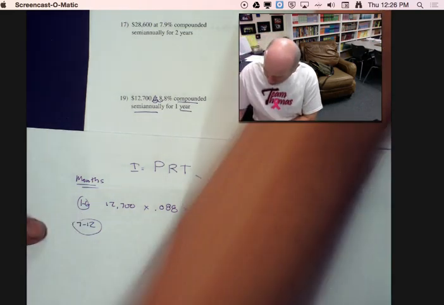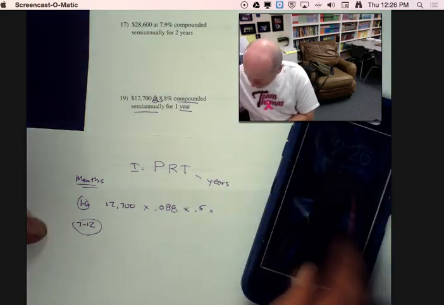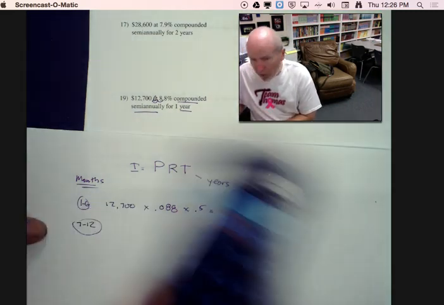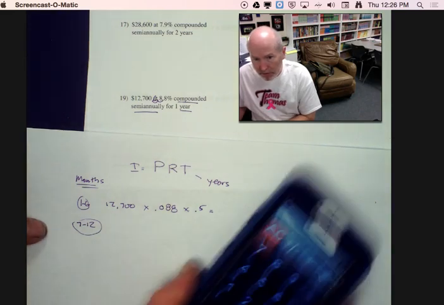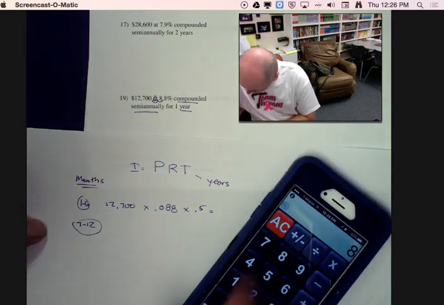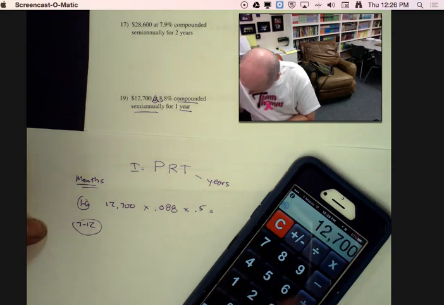So I'm going to pop that into my calculator. I think you can see my calculator if I put it at an angle. I'll clear this out. I have 12,700, times 0.088, times 0.5.